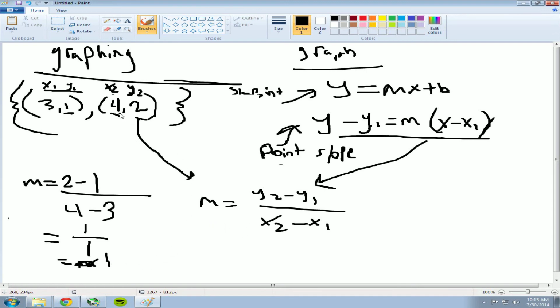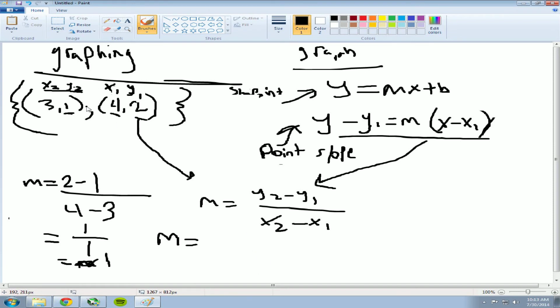You could also go the other way, just to show you that it doesn't matter. So let's pretend that this is x2, y2, and this is x1, y1. The order does not matter at all, as long as you keep them paired up.